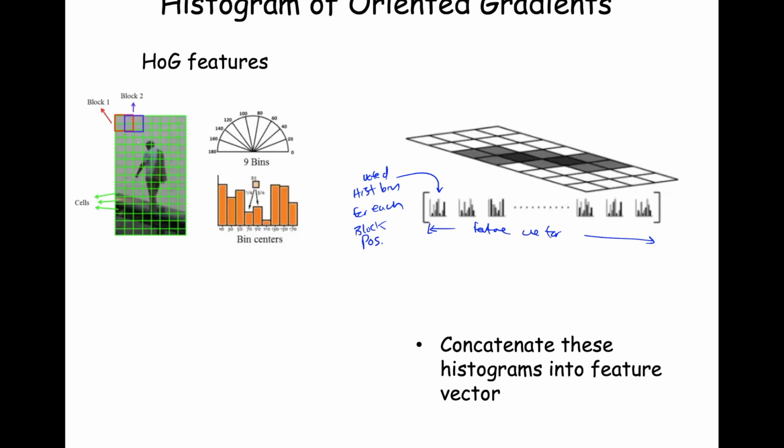So as you can imagine, if you have a lot of block positions, you're going to have a really big feature space representation for the content of that image. If you have a fewer number of block positions, you're going to have a smaller feature vector for the representation of that image. But the bad news is, if you have a big feature representation, well, that's nice.